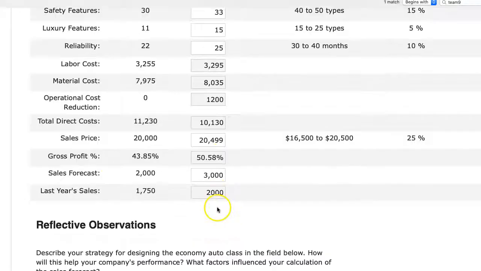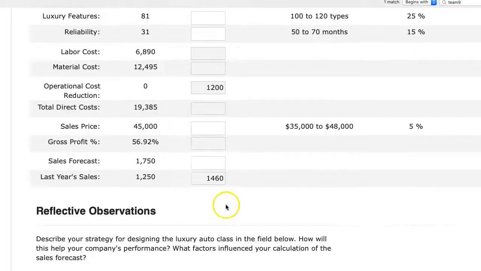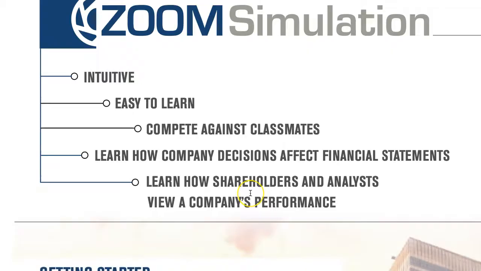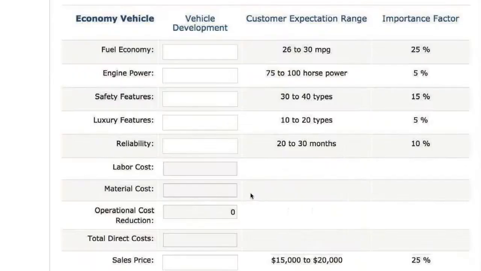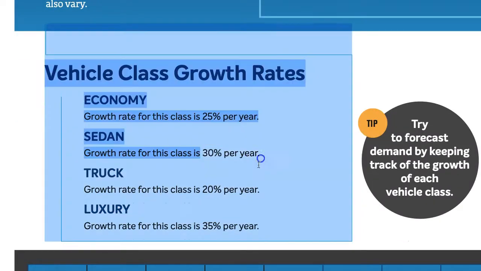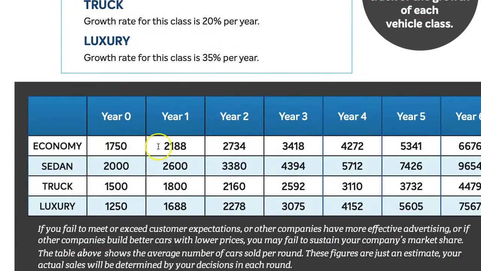How do you do the sales forecasting? Again, like I said in my previous video, you need to go to the student manual. Open up the student manual and look for the section on forecasting. In that section, they tell you the growth rate of each vehicle per year. They give you an example of what you could most likely sell in year 2.